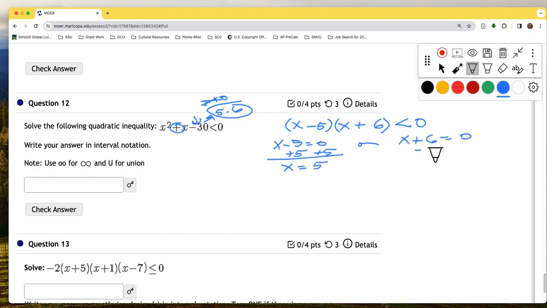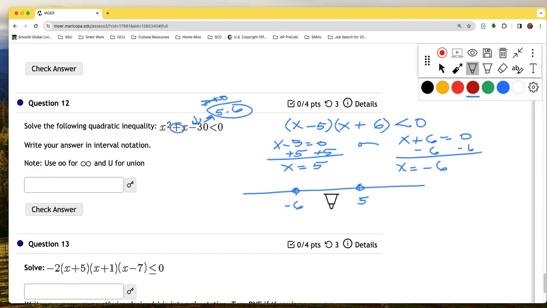This one we subtract 6 from both sides. X equals negative 6. So that's our number line. Here's 5. Here's negative 6. It does not have the equal to, so these two are open circles. They're not included.